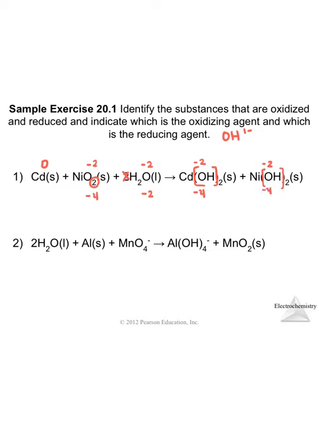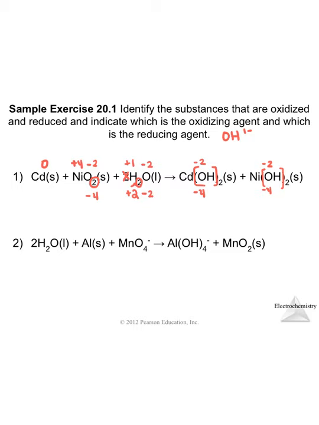Now I'm going to fill in what I can. In NiO2, there are 2 elements. If my oxygen adds up to -4, my nickel has to balance that out, so it's +4. Here, my oxygens are -2 total, so I need to balance that out with a +2. Since there are 2 hydrogens, each one gets a +1.